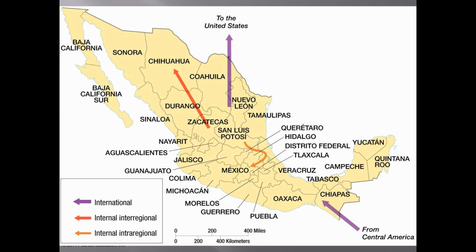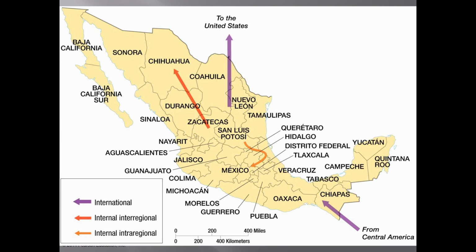And as a result, they need workers in these factories. And many Mexican citizens are willing to move to these states to take on these factory jobs. These factories are called maquiladoras. And as a result of them taking those jobs, we see an internal movement of people interregionally from other regions of the country to the border. All right.